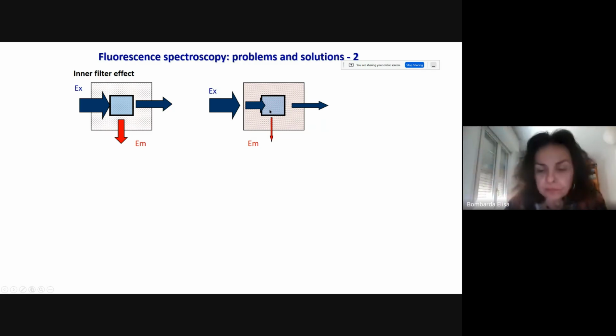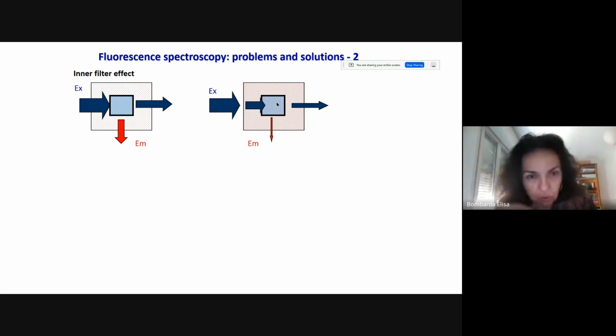It's sort of contradicting, but the reason is that you lost photons. So it's not that the molecules are many; if there are not enough photons to excite them all, it doesn't matter. So this is a problem that needs to be taken care of, because you make an experiment, you see, oh, we have a quenching effect.